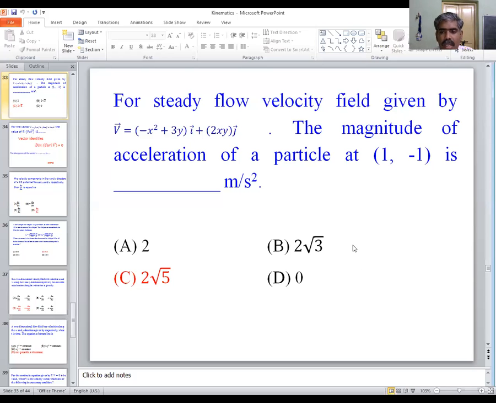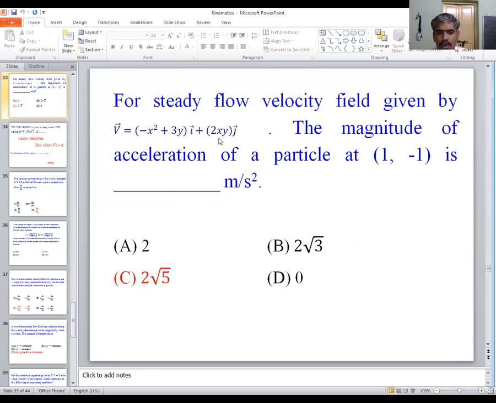For a steady flow, the velocity field is given by v vector equal to (−x² + 3y) i vector plus 2xy j vector. The magnitude of acceleration of a particle at (1, −1) is in dash meter per second squared. So you have to go for the acceleration equation, and find ax and ay.